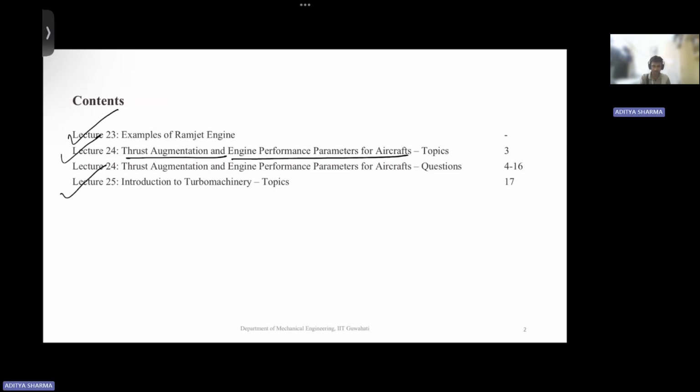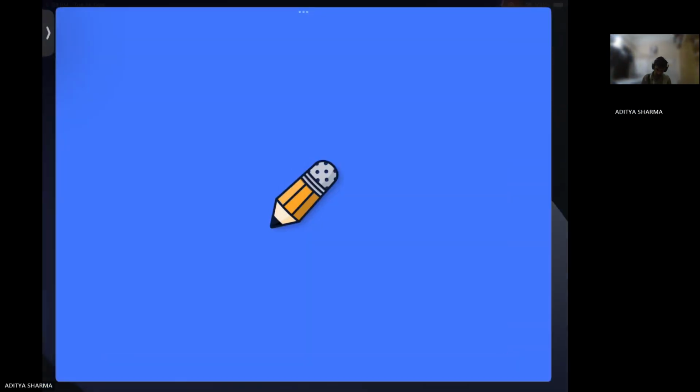And then the performance related to altitude, what will happen, that is also brief, but mostly the thrust augmentation.